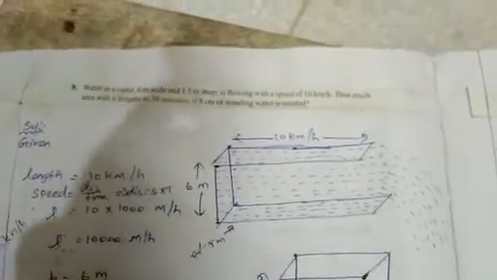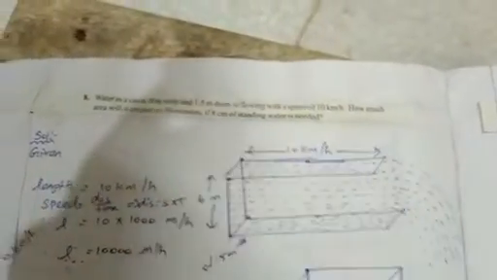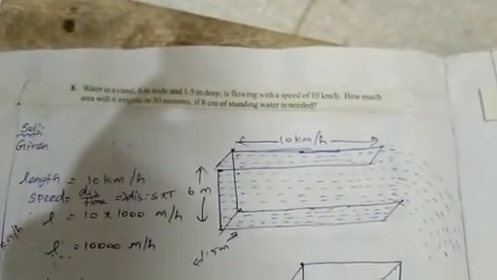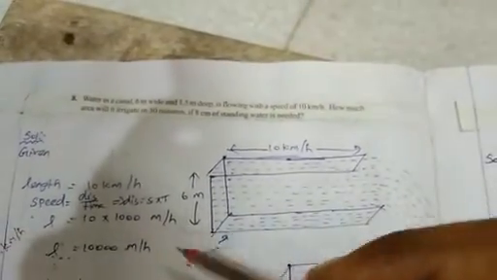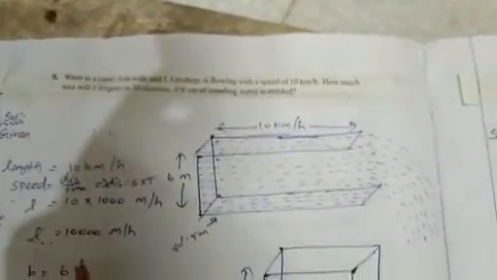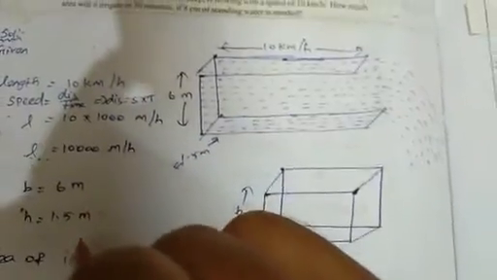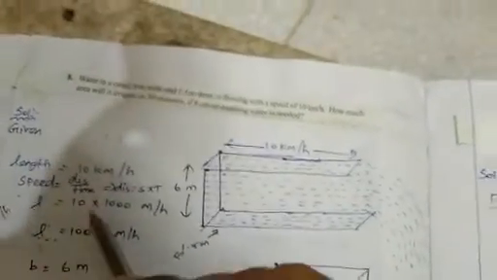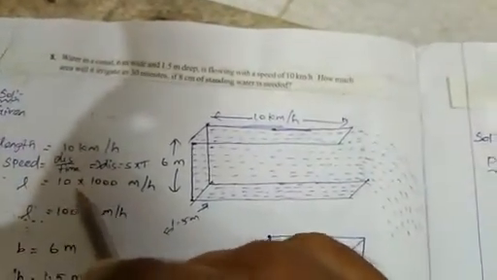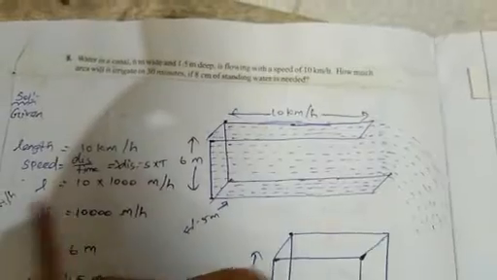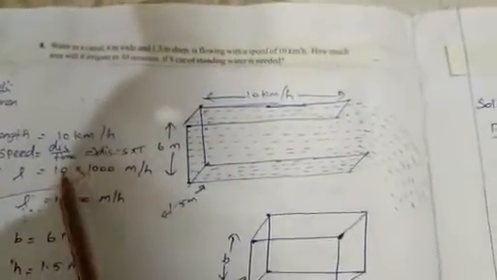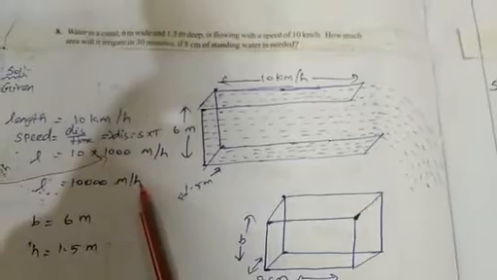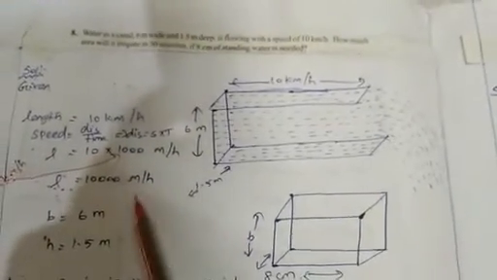In 1 hour it covers the length 10 kilometer. The remaining breadth and height are given as 6 meter and 1.5 meter. We are going to consider this one as the length. So we need to convert the length into meter, just multiply by 1000. So 10,000 meter per hour, its length is 10,000 meter per hour.